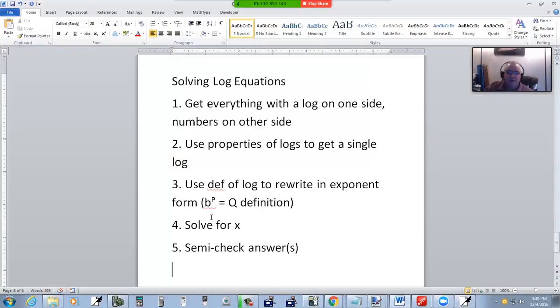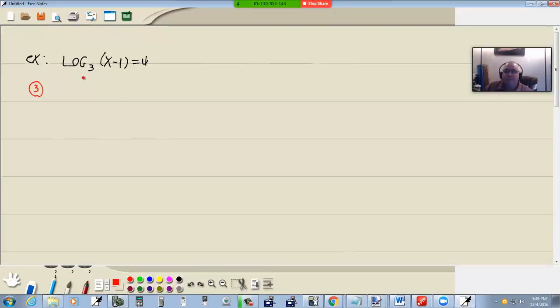Step 3, use the definition of log to rewrite in exponent form. Remember, this number that follows your log is your b, and then what follows that is your q, and the other side of the equal is your p. Our exponential form is b to the p is equal to q. So b is 3, p is 4, and q is x minus 1.